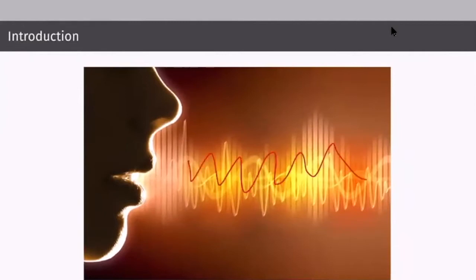Now, just to foreshadow a little bit, when you look at this artist's rendition of a sound wave coming out of somebody's mouth, you don't just see one little wave, right? You see a whole bunch of waves superimposed on each other. And this is a key concept that we'll return to.